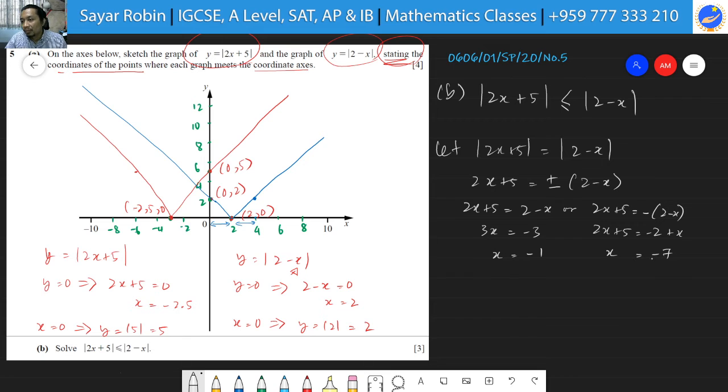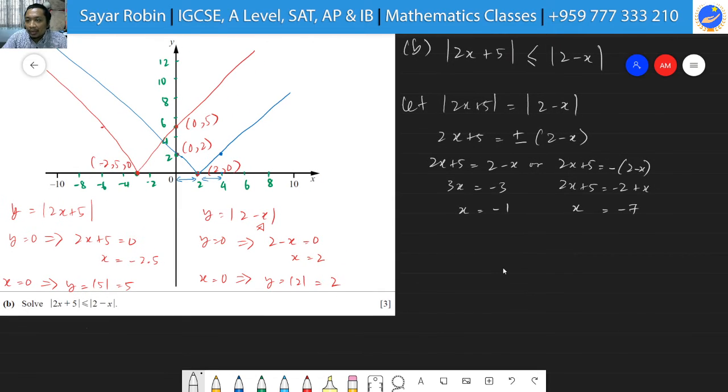This is one way to get the value of x, or the points of intersection of the two given functions. Okay, I'm going to show you another method, which is squaring both sides. Squaring both sides means 2x plus 5 the whole squared is the same as 2 minus x the whole squared.